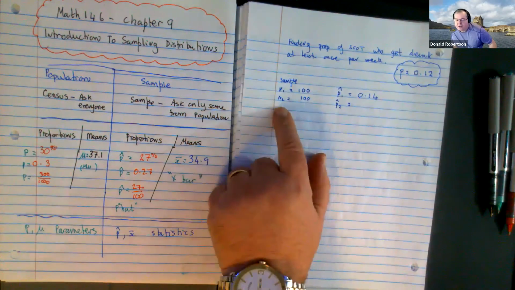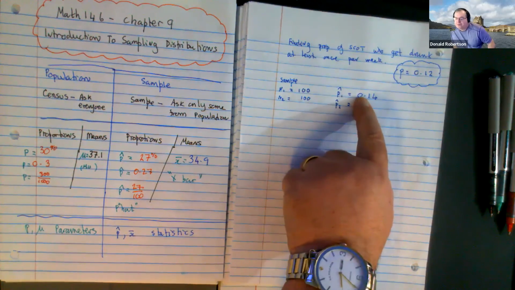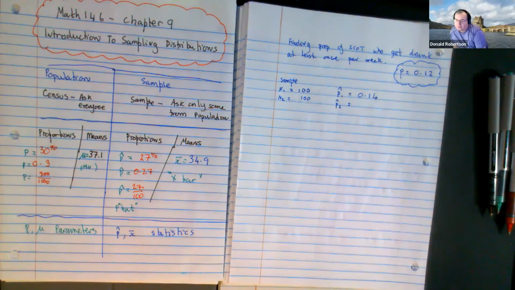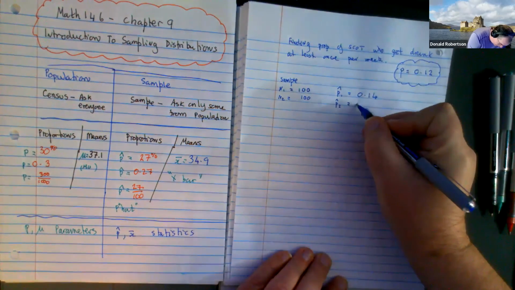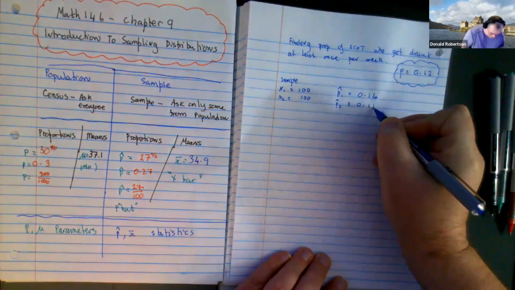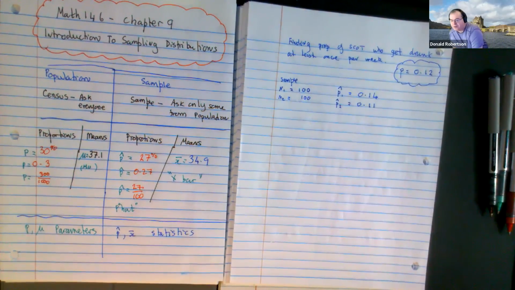In other words, should my second sample be the same number as my first? What do you think? No, there's no reason it would be, right? But isn't it more likely that it'll be close to it, but a bit different? And in my pretend story, it ended up being 11%.